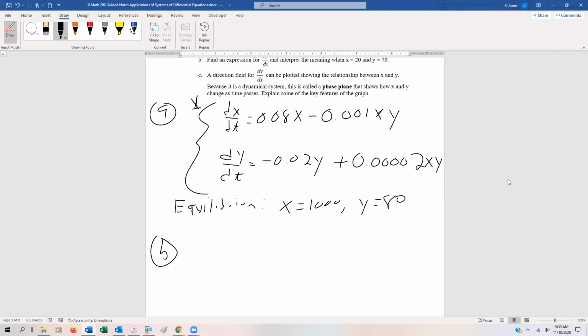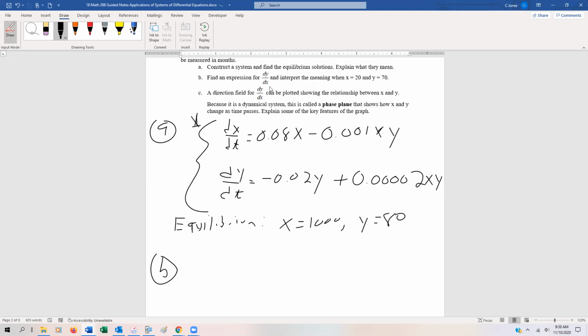first of all, one of the things to remember is that to find dy/dx, we can just use an algebra trick and say that's the same as dy/dt divided by dx/dt. In other words, we just use the chain rule. And we can pull down from our system immediately, because we know dy/dt is negative 0.02y plus 0.00002xy.